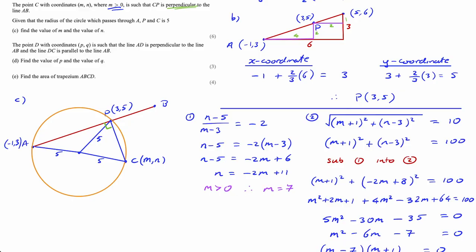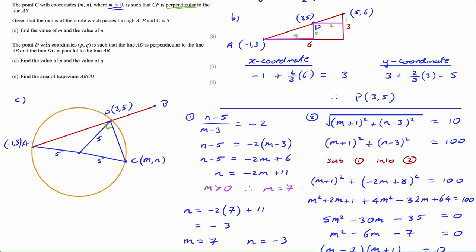If m is 7, n equals minus 2 times 7 plus 11, which is negative 14 plus 11, negative 3. Okay, so the value of m and n: m equals 7, n equals negative 3.